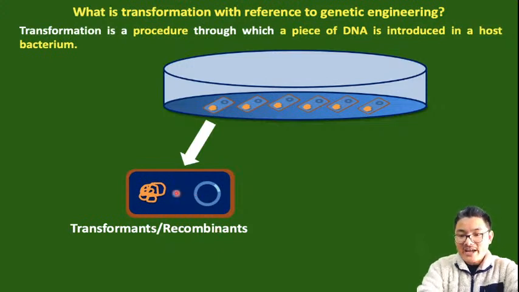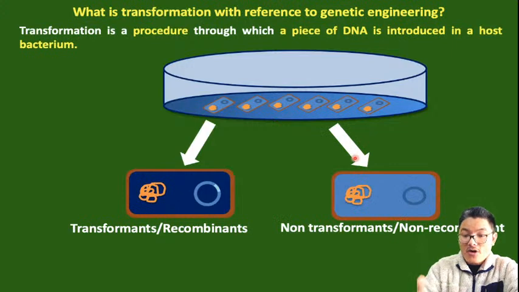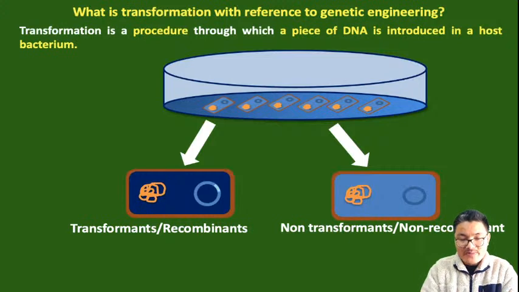But some of these bacteria won't undergo the process of transformation, and these are usually called non-transformants or non-recombinants. I hope you all are now clear about the term transformation. So transformation is changing of something, right?